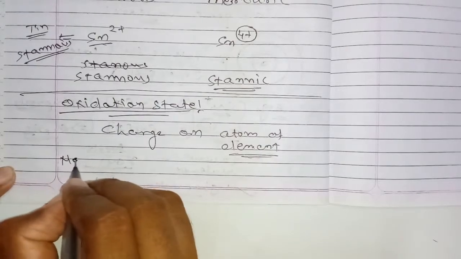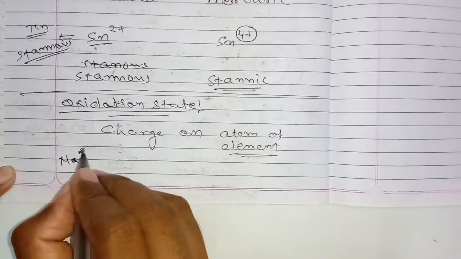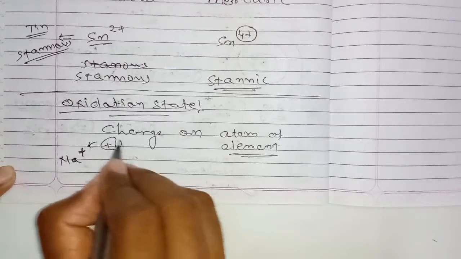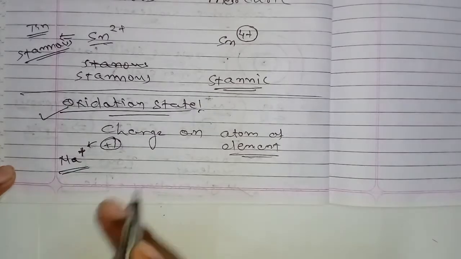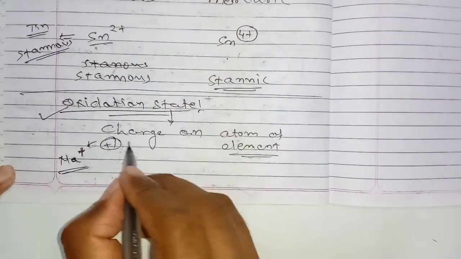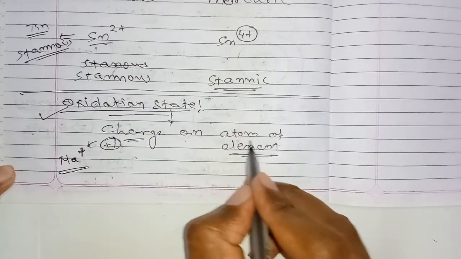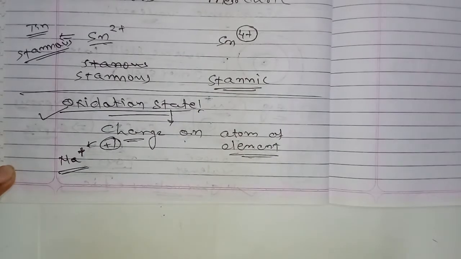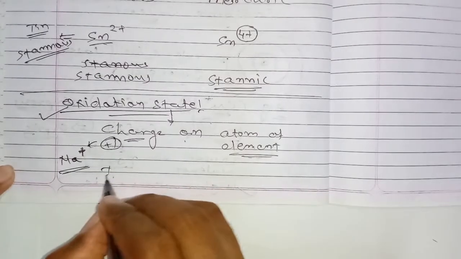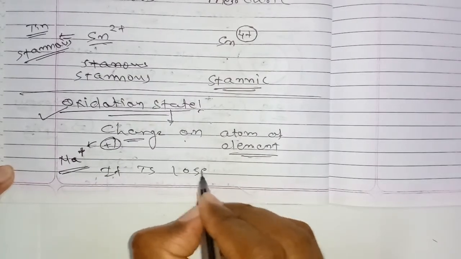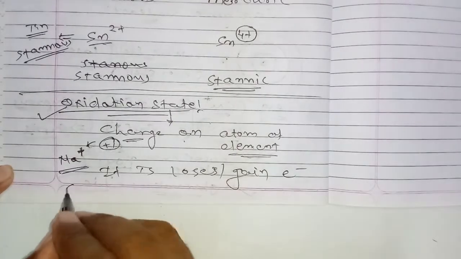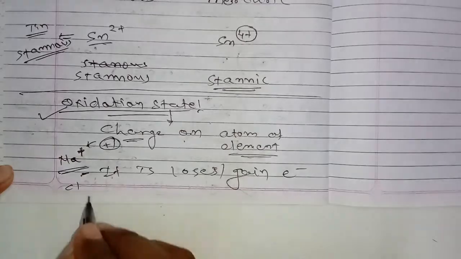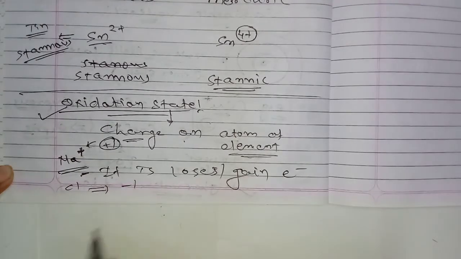For example, for Na plus the charge is plus 1, so its oxidation state is plus 1. So oxidation state means the charge on an atom of the element, from losing or gaining electrons. For chloride, Cl minus, the charge is minus 1.